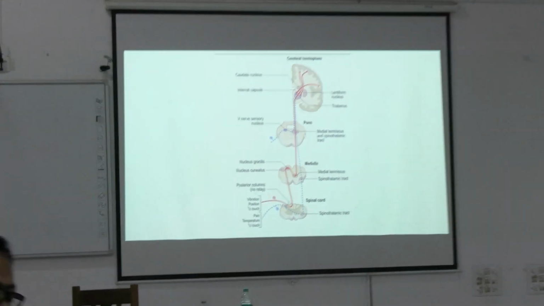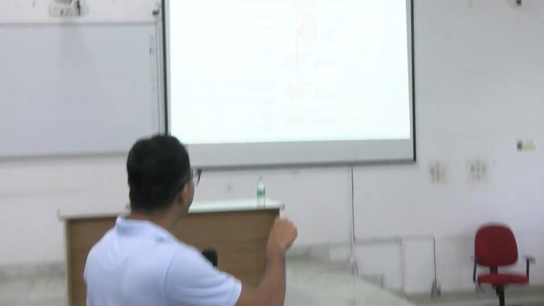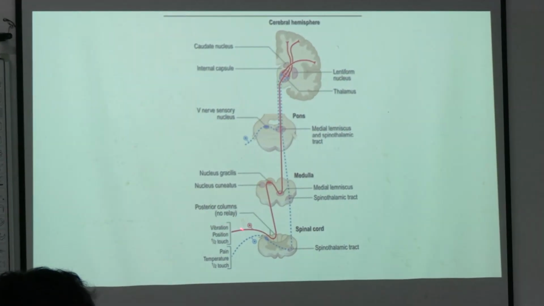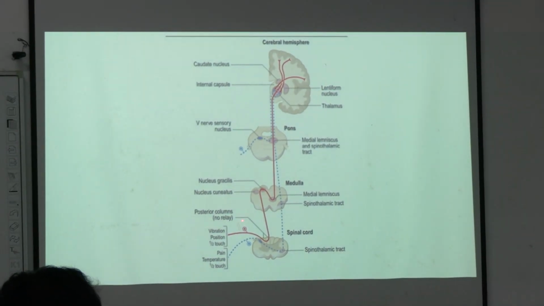So similarly, just like pain pathway, dorsal column pathway, it also has the first order neuron, you see this is the first order neuron and the cell body is this in the red color, right?